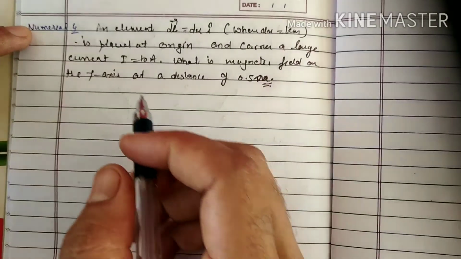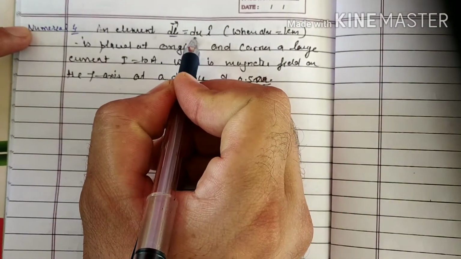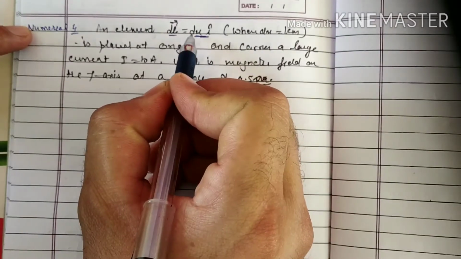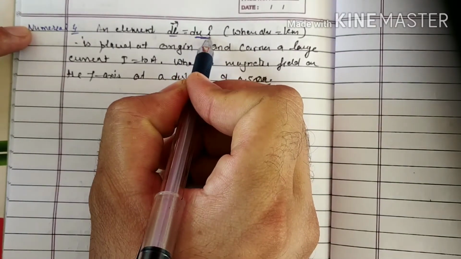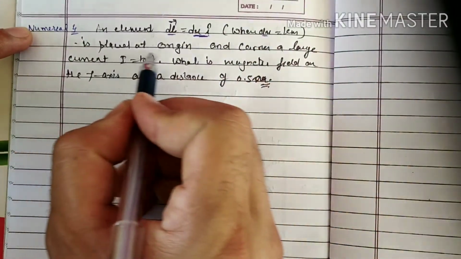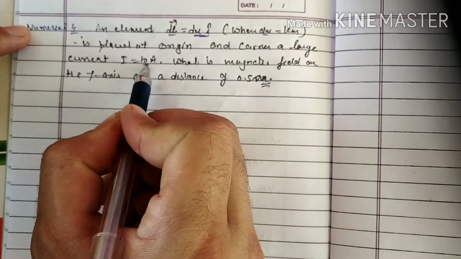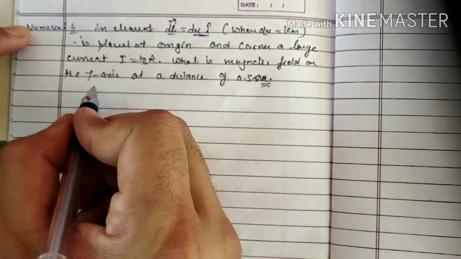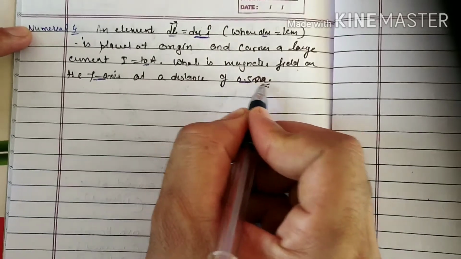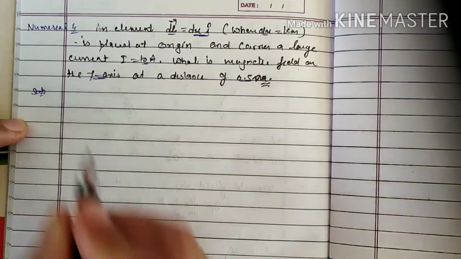Now our next numerical is: an element dl that is equal to dx i. So dx is the magnitude and i is the direction, so that is along the x-axis, where dx is equal to 1 cm, placed at the origin and carries a large current of 10 ampere. What is the magnetic field on the y-axis at a distance of 0.5 meter? Firstly, understand what is given and make the diagram.